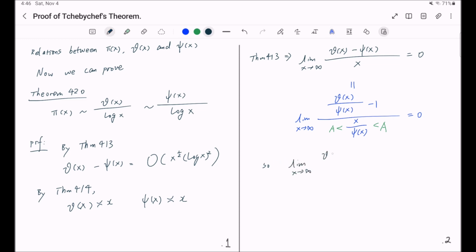In other words, theta of x divided by psi of x has limit 1 as x goes to infinity. And this proves this part of the relation. So now it suffices to prove that pi of x is similar to theta of x divided by log of x.